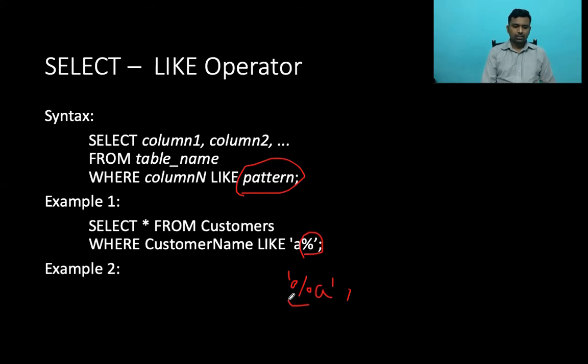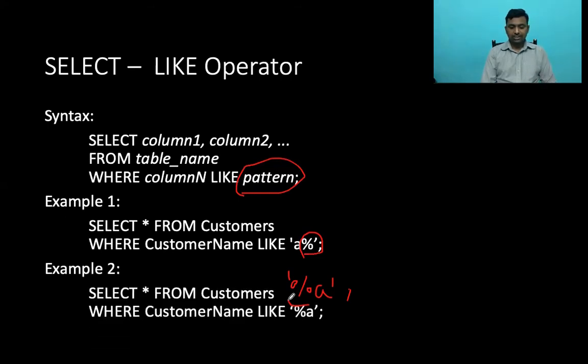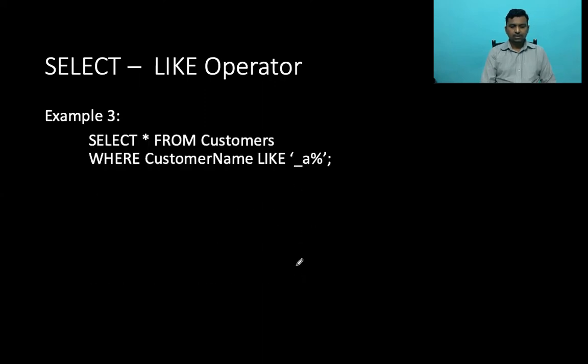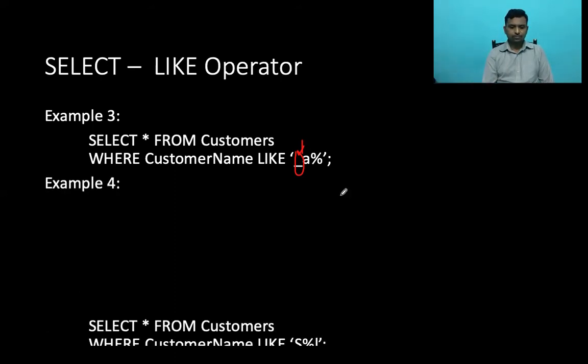Example, this is what I've given already here. And then third, when I say underscore a percentage, it means the first character can be anything, the second character must be a, and from the third it can be anything else, no restriction.